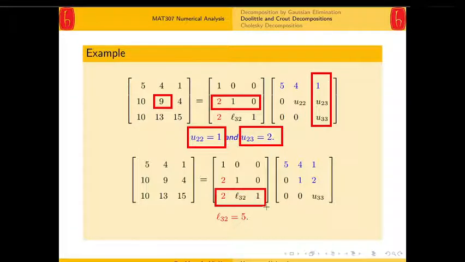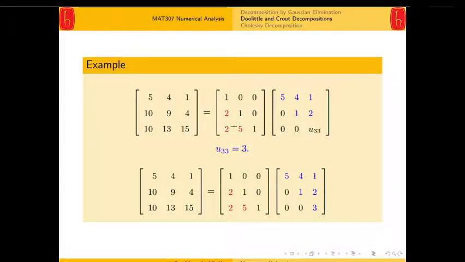Here we multiply this row by, for example, this column. This way we have 8 plus L32 is equal to 13, so L32 is equal to 5. Okay, so we are also done with that number.